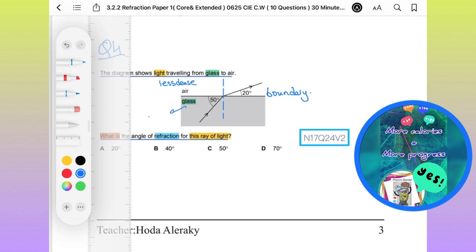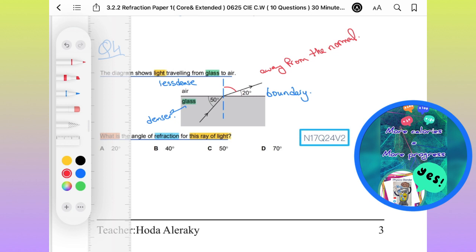The glass here is the denser medium. As the light ray travels from denser to less dense, what happens here? As you can see in the diagram, it refracts away from the normal.